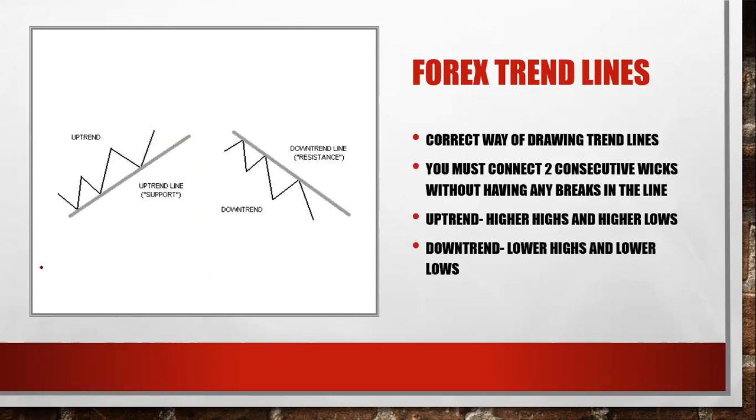Let's move on to uptrends and downtrends. The correct way of drawing trend lines, you must connect 2 consecutive wicks without having any breaks in the line. Okay, an uptrend, higher highs and higher lows. Downtrend, lower highs and lower lows. So you can see on the uptrend, we have our low, we have our high, we have a higher low, a higher high, a higher low, and if this comes down, we now have a higher high.